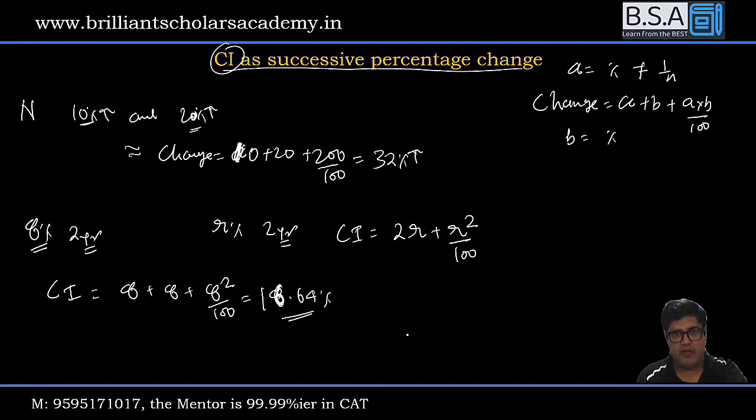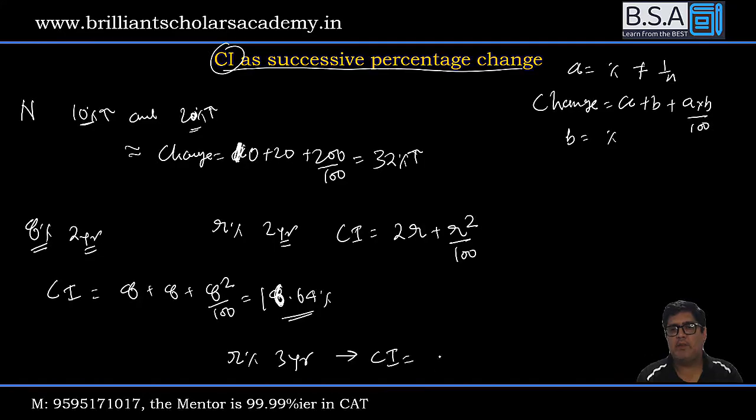What if there is a third year as well? This part, I think you have seen me cover in percentage change. If it is R percentage for 3 years, what will the interest look like?